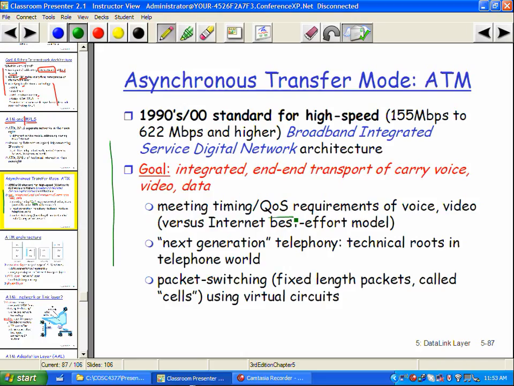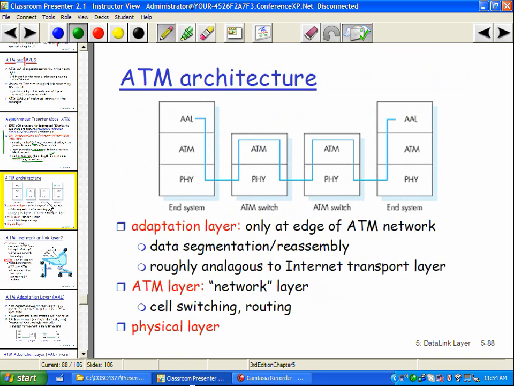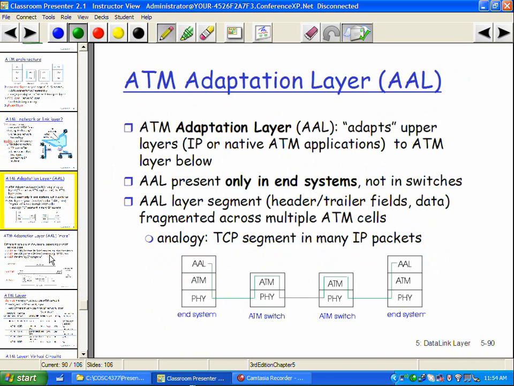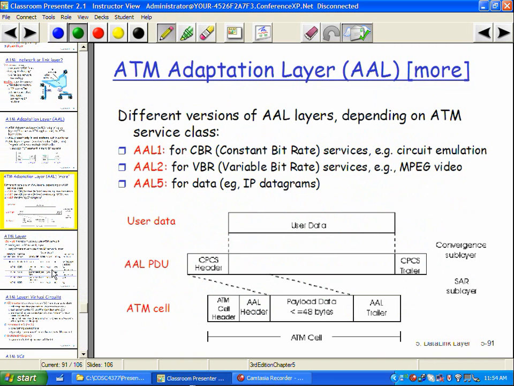Right, so we've discussed most of these based on telephony, uses packet switching, using virtual circuits, with fixed length packets called cells, which are actually quite small. And we're going to skip over a lot of this, the ATM architecture, what the layers are, what is the equivalent of network and link layer in ATM, and the various descriptions of the layers within.